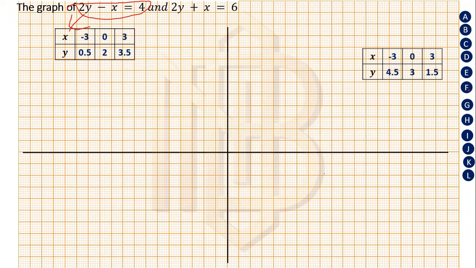Okay, so now for the other table, if you have this, of course, you agree with me that this table is for this equation. So if you look at it very well, we can easily pick an appropriate unit. In which case, if you look at your x-axis here, you can see the values are few.